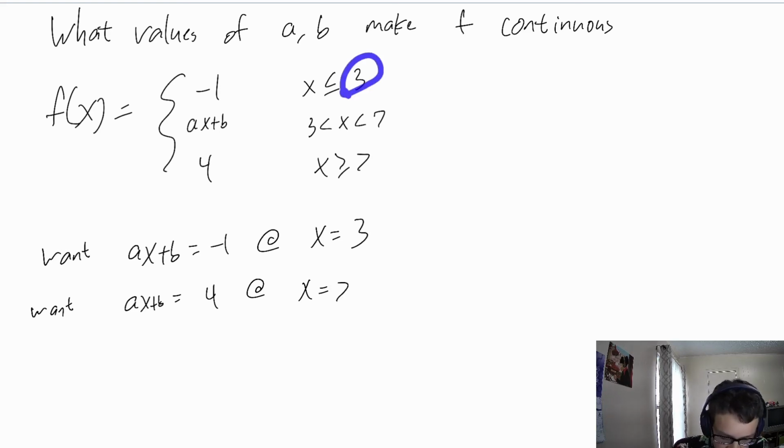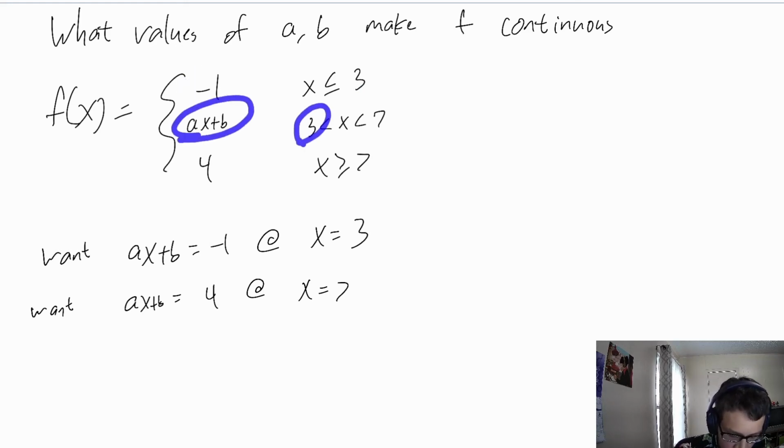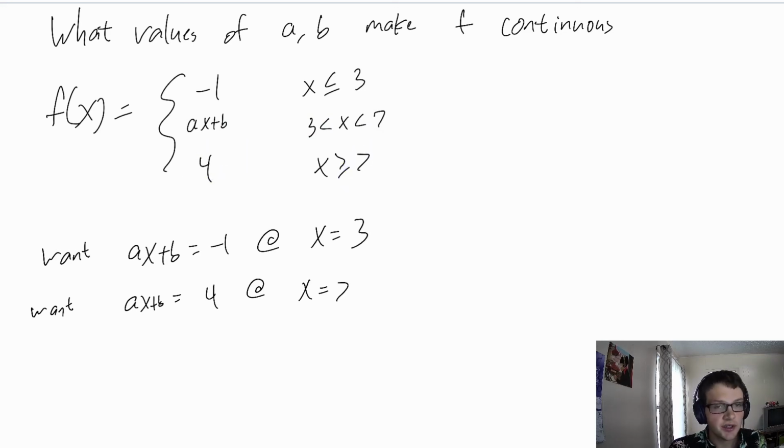I have x equals 3 here because it's the right endpoint of this part of the function and the left endpoint of this part of the function. And I have 7 here because it's the right endpoint of this part of the function and the left endpoint of this part of the function. So 3 and 7 are the places where one part of the function ends and another part begins, and we need those two parts to equal each other.